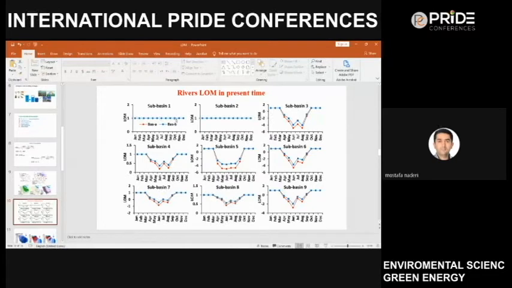So the LOM is 1, which is an ideal value. But in the other subbasins, where the river is abstracted for human use, the LOM is low during dry seasons and high during wet seasons.